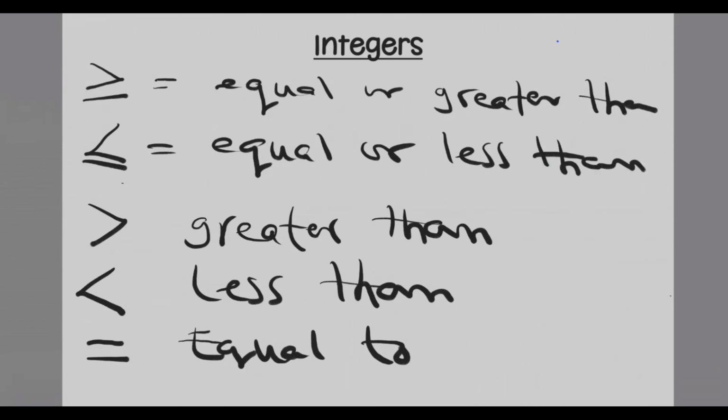So you're going to see signs like that, and we use these signs as a kind of statement. How do we use these signs? That's going to be our next class. How do you answer questions when these signs are used? It's very easy, and I'm going to explain it to you very well.